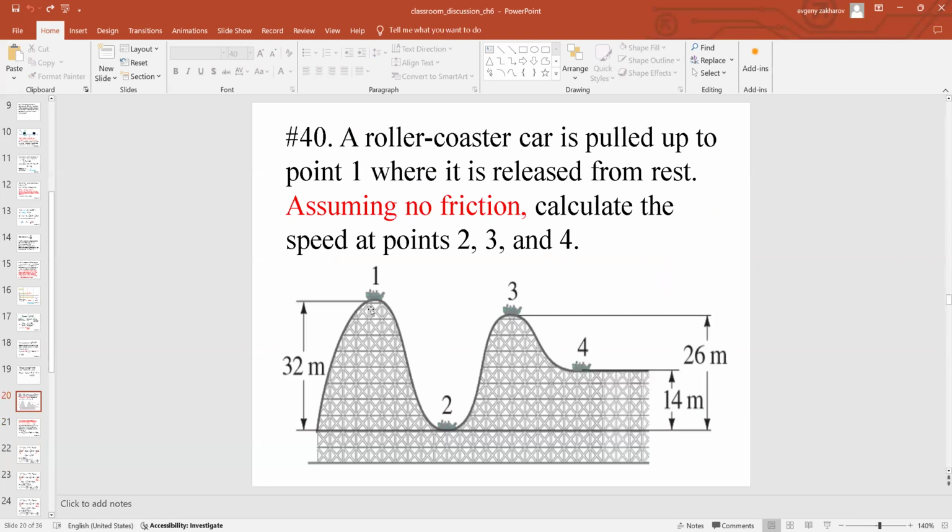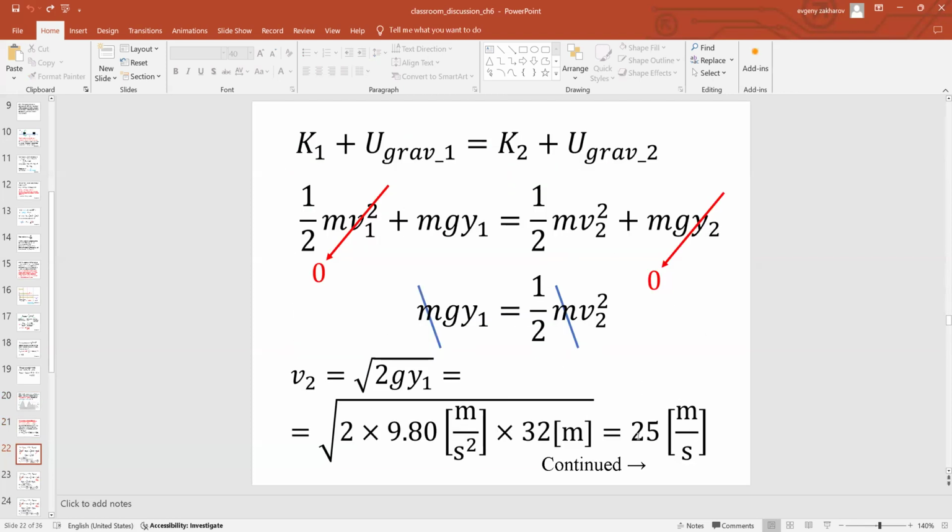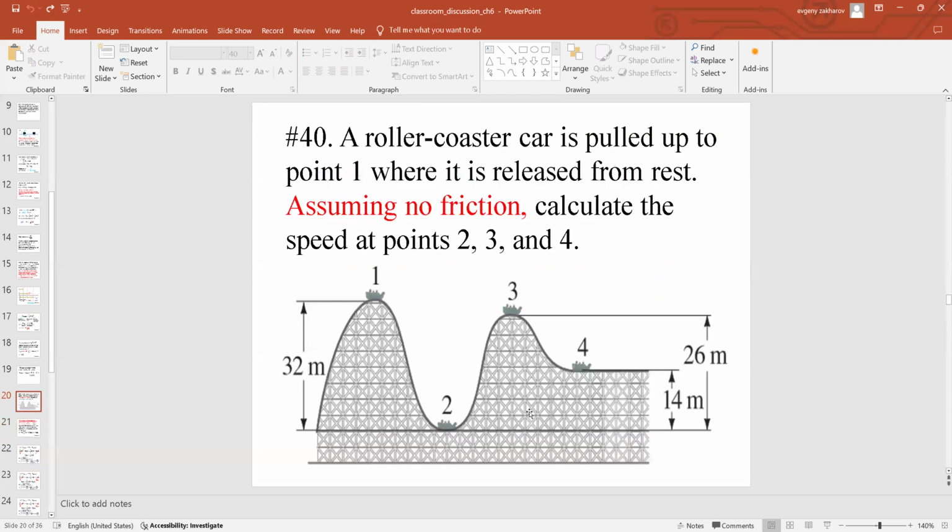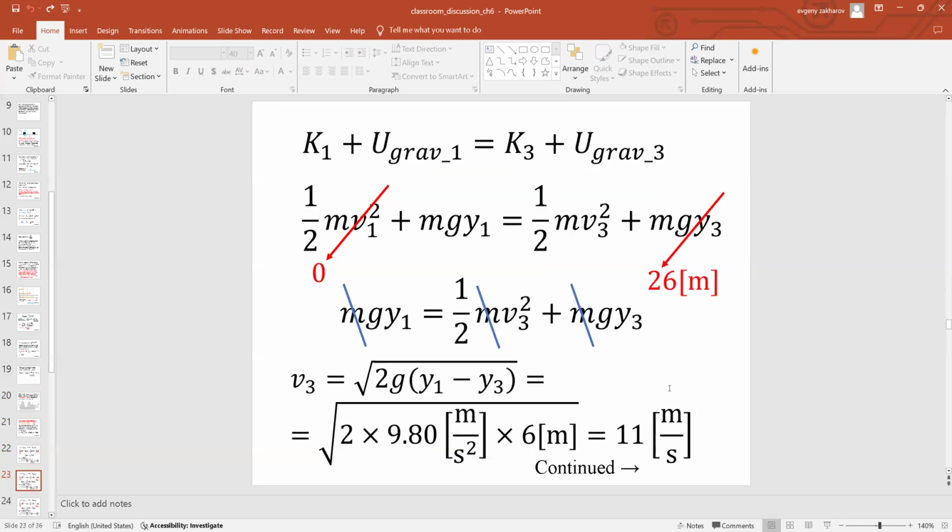Y sub 1 is given. It's 32 meters, and it's going at 25 meters per second. Makes sense for a roller coaster. If you want to convert from meters per second to miles per hour, you roughly double it. You multiply by 2. So 50 miles per hour, well, it's fast, but it's always going fast at the bottom of the roller coaster. So yeah, makes sense. It is expected.